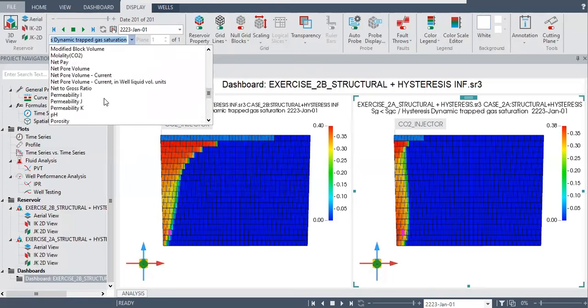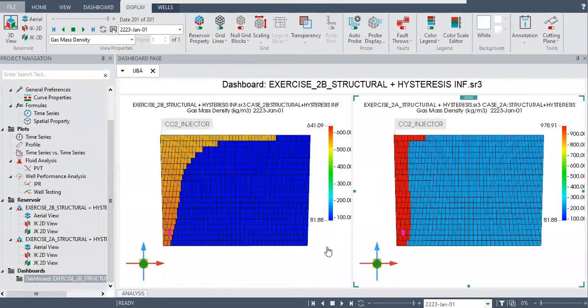Lastly, I want to look at the gas mass density. Okay, very different. In this case, the gas mass density is 540 here, and 975 here. So on the right, we have high density because of high pressure.